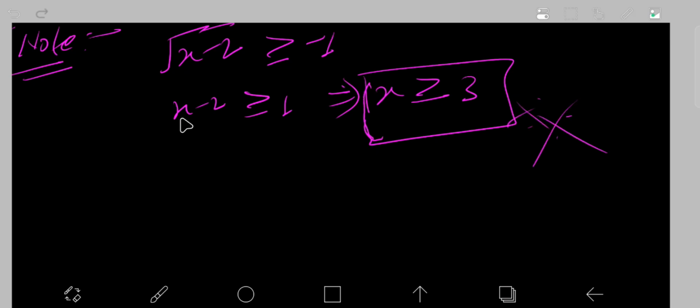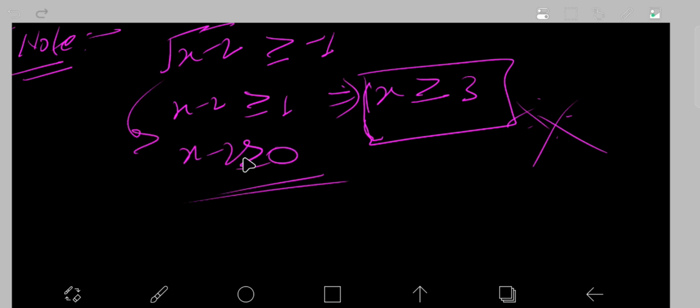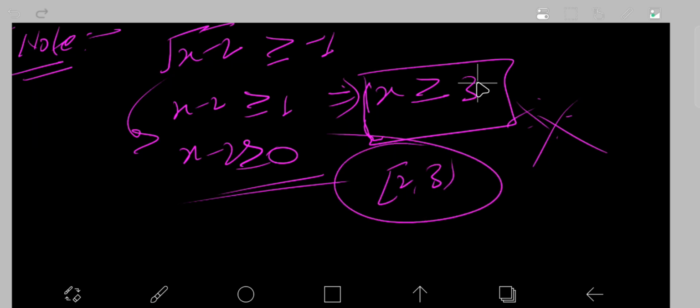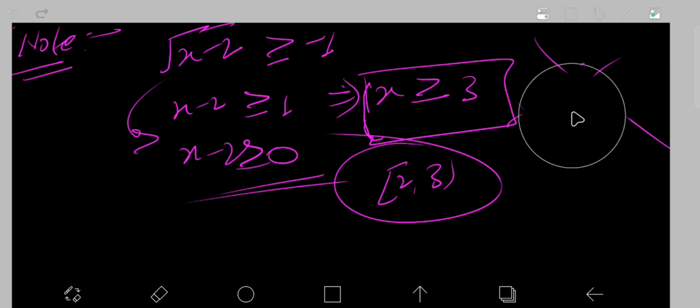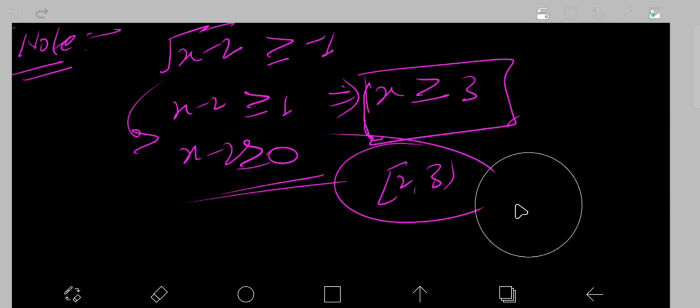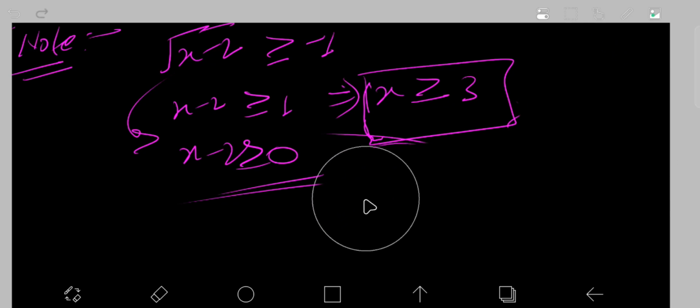This is not the solution, because this square root is defined only if x minus 2 is greater than or equal to 0. Here we skip the values in the open interval from 2 to 3 in the final solution, so this is not the correct answer. So you always solve by the method of when the square root is defined.